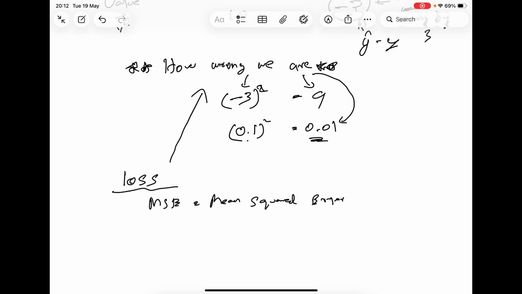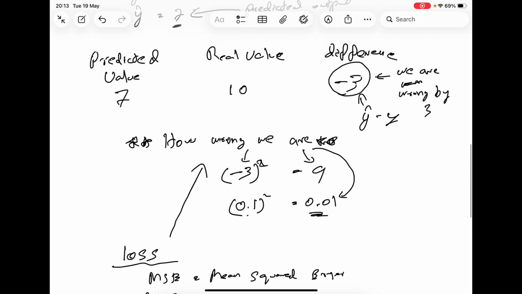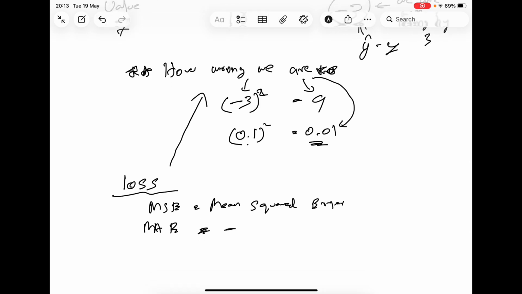There are different kinds of loss functions. For example, there is a loss function called mean absolute error. In that loss function, we do something like what we discussed here. This minus 3, we take the difference or the error as minus 3, and we directly cut off the minus part, so it becomes just 3.